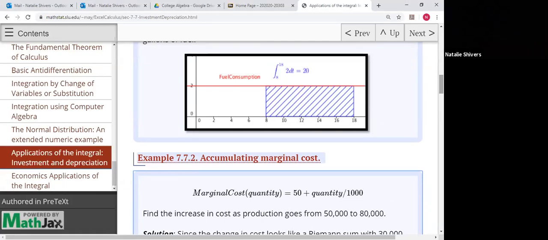So we have a marginal cost equals 50 plus the quantity over 1,000. We're going to find the increase in cost as production goes from 50,000 to 80,000. So nothing complicated. They give you an equation. They give you some numbers. I think you had 2 of these and maybe 7.3. Okay, so let me go back here and switch back to the whiteboard.